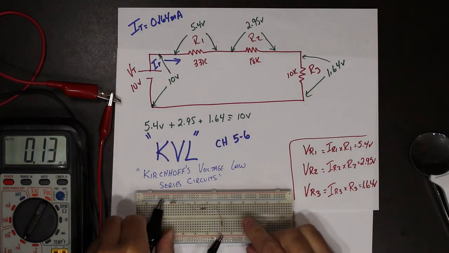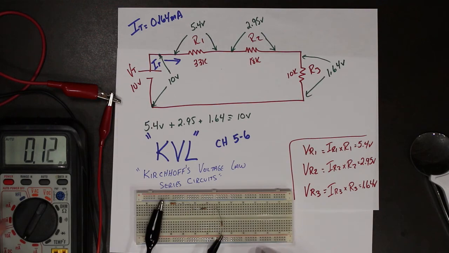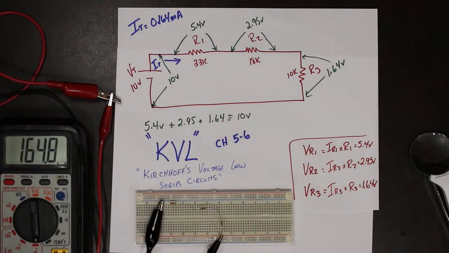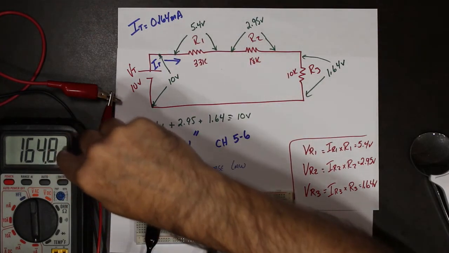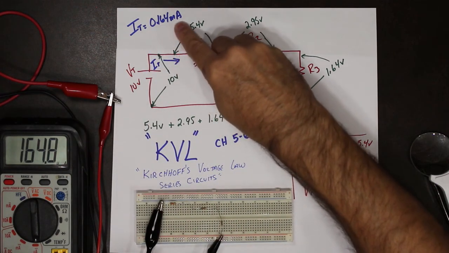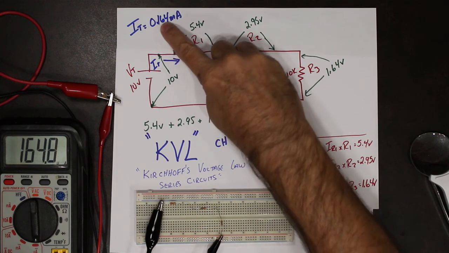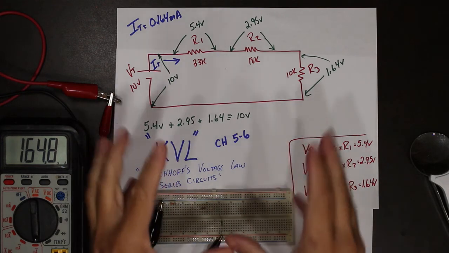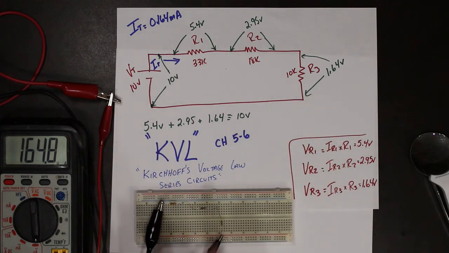There we go. 164 microamps. So 0.164 milliamps is 164 microamps. So everything works out in our little circuit. All of our measurements match our calculations almost perfect.